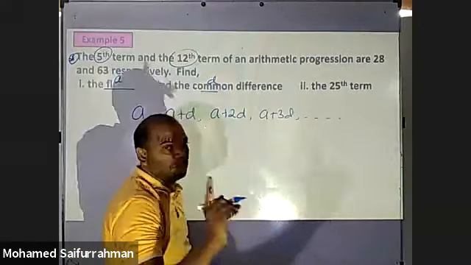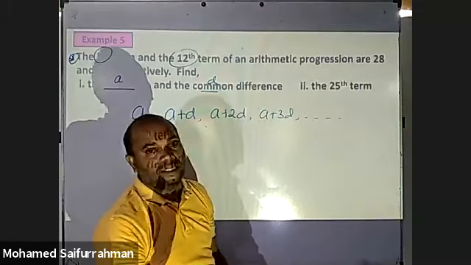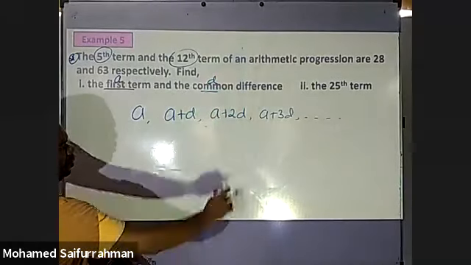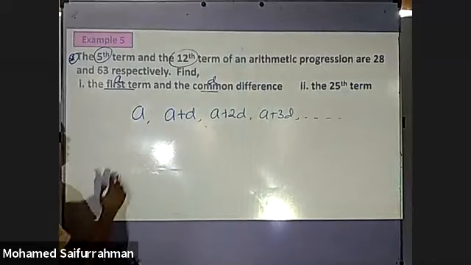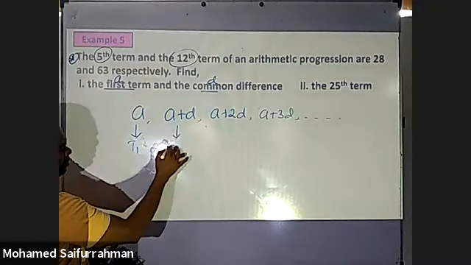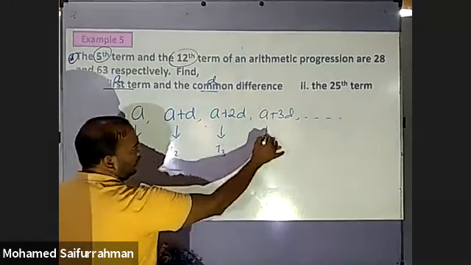This is how you should write arithmetic progressions in terms of a and d. This is the first term, second term, third term, fourth term.